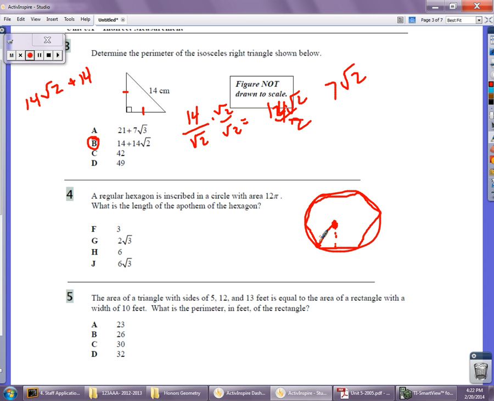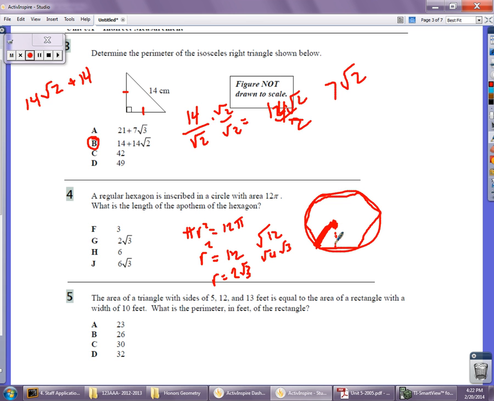So we can know what this is because it says the area of the circle is 12 pi. So pi r squared equals 12 pi. If I divide both sides by pi, you get r squared equals 12. And then r would equal root 12. Root 12, remember, simplifies into root 4 times root 3. So you get 2 root 3 as your radius.